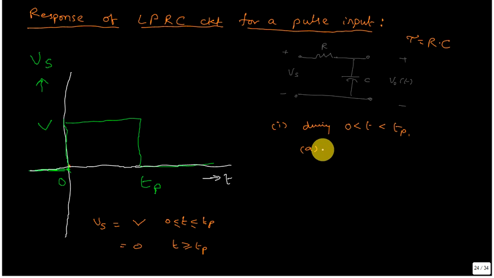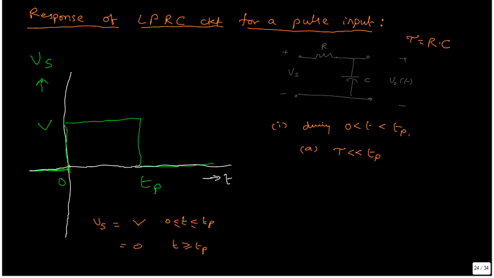First I am going with the case where tau is very small compared to the pulse width.